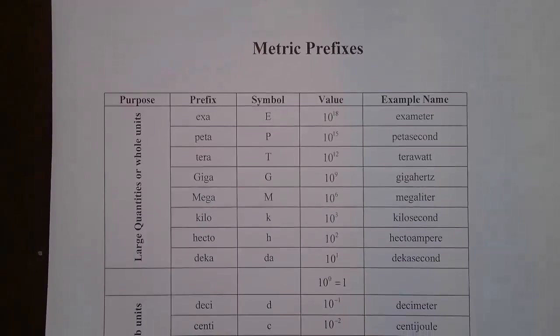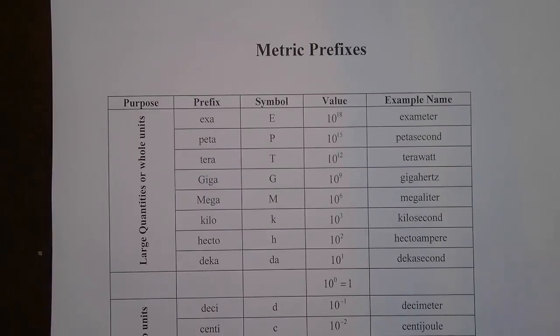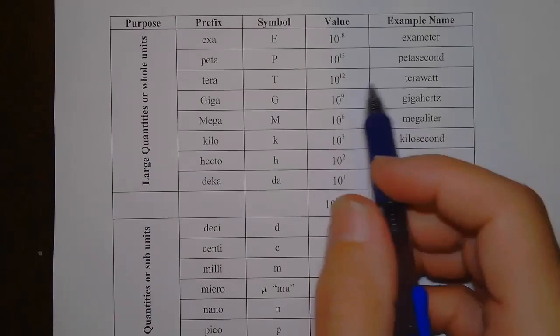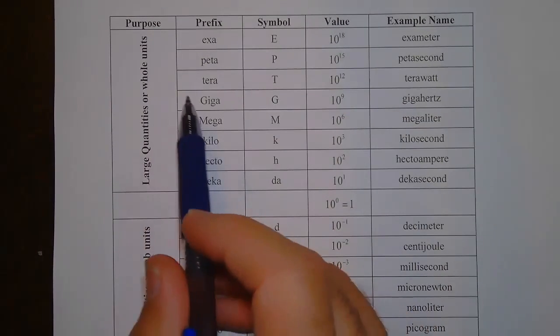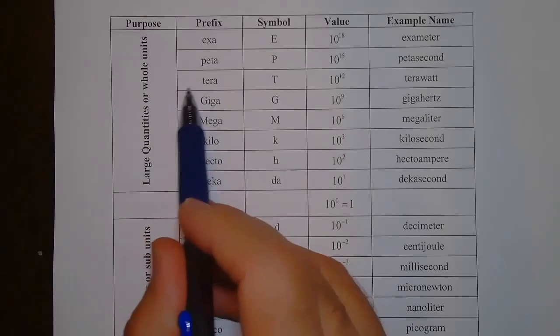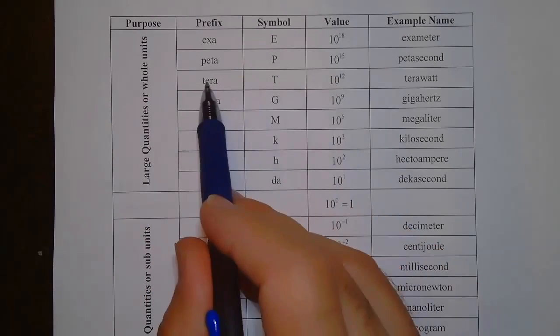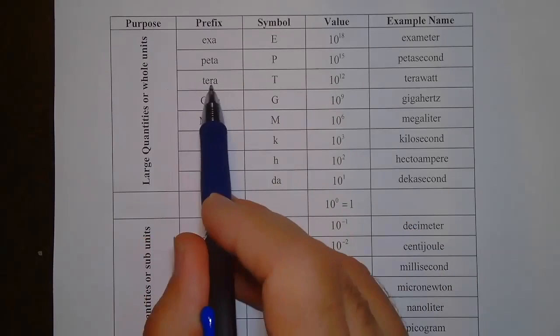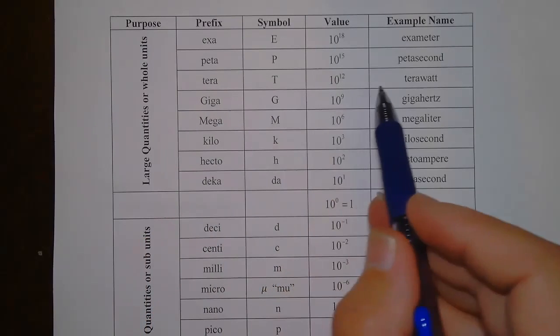Once again, I want to go over this with you because a lot of us are not getting this. What this is telling us is we had a tera. One tera is 10 to the 12th. A tera means 10 to the 12th, so 1 tera is 10 to the 12th of whatever.